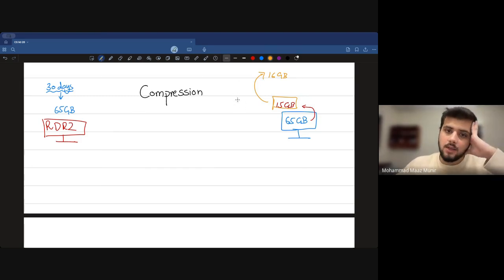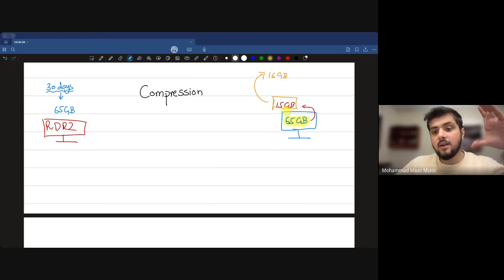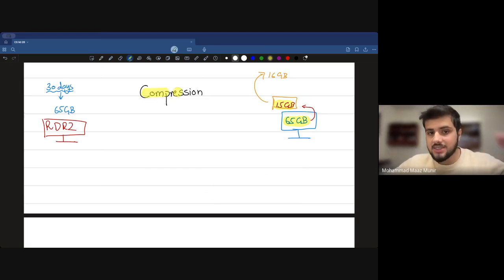So what just happened? Hassan basically reduced the size of that large file into something small. This mechanism where you convert the file into something smaller without the data being lost is known as compression.